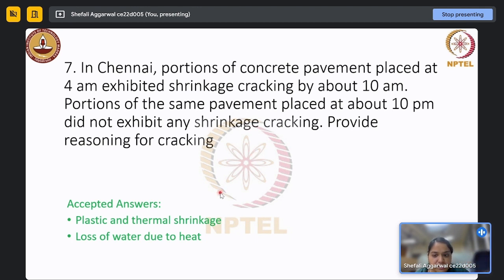And the second pavement, which we place at 10 p.m., does not experience any temperature change, from 10 p.m. to the morning, it won't experience any heat. So there won't be any loss of water, and because of that, you won't see any shrinkage cracking in that type of concrete.